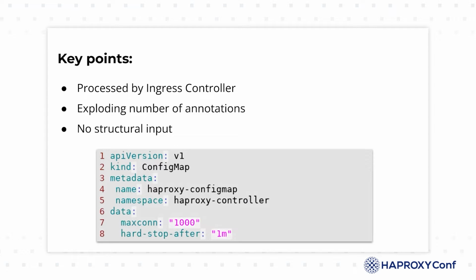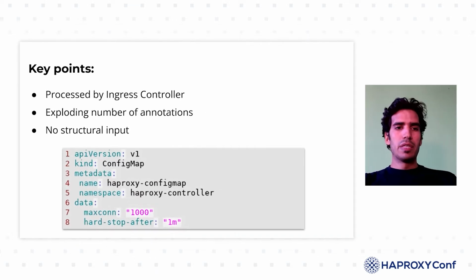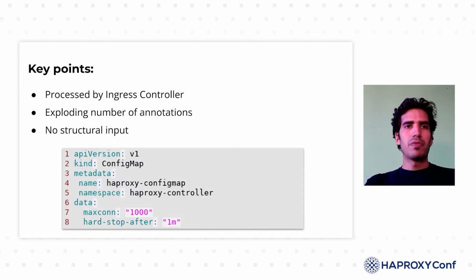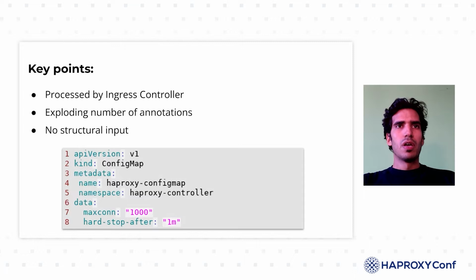So annotations are parsed and processed by the Ingress controller. They have no structured input, which means input can only be a string: no integers, booleans, arrays, or dictionaries. And most importantly, this leads to an exploding number of annotations.